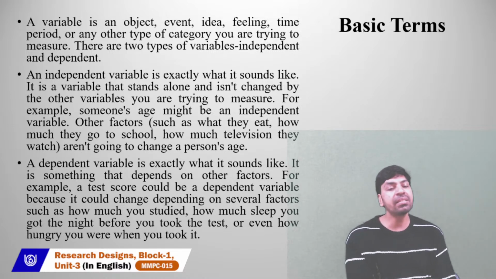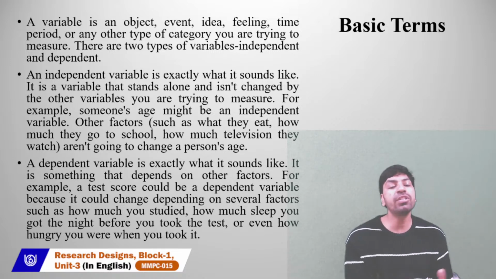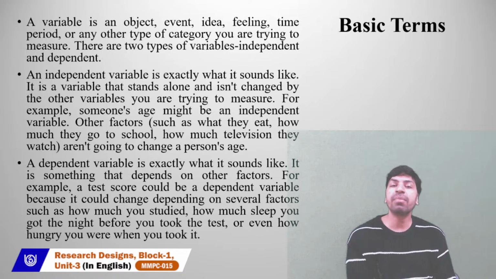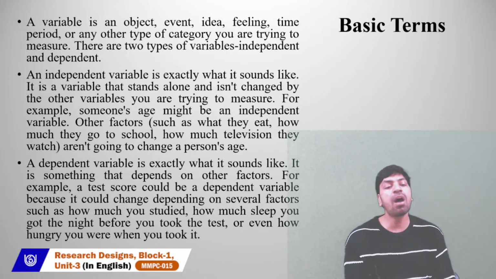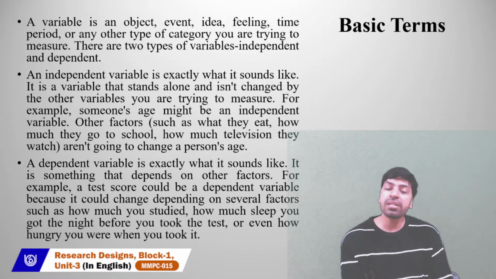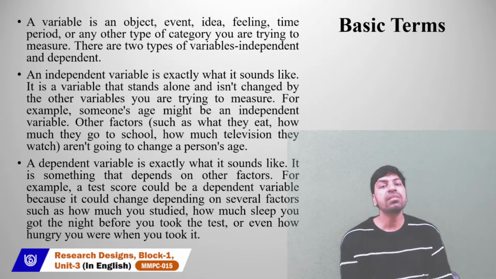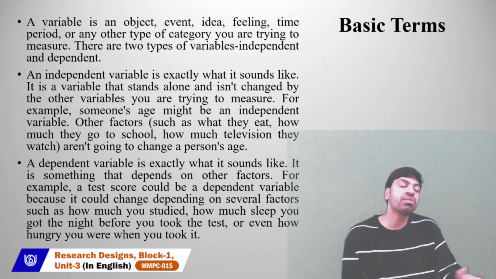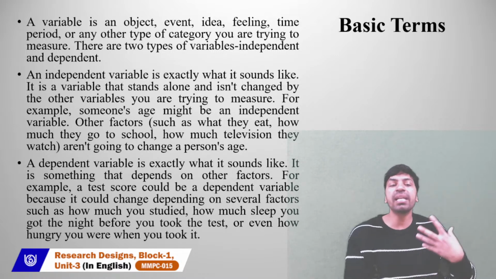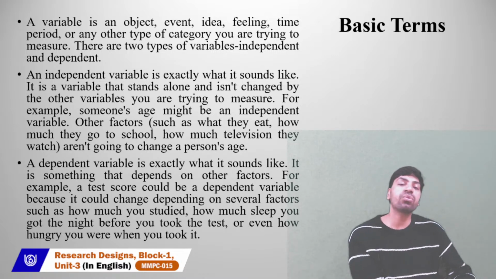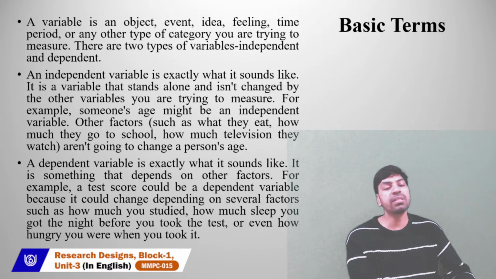The test score could change depending on other factors: how many hours you studied, how much you slept last night, even how hungry you were when you took the test. All these factors influence the test scores, so the test score is a dependent variable.